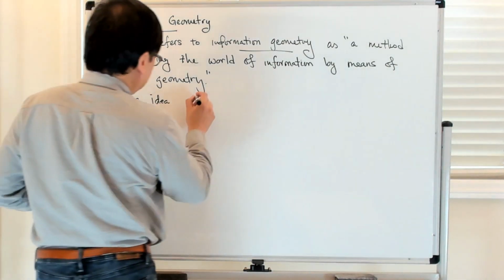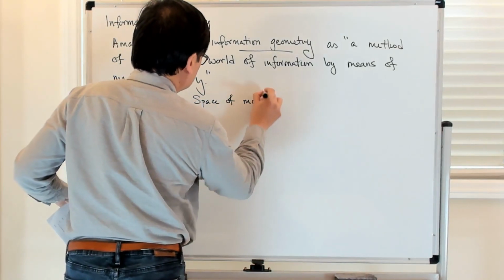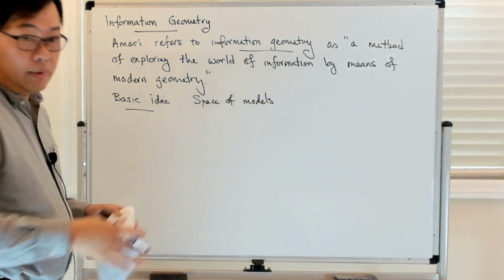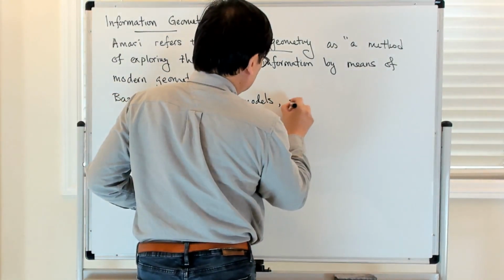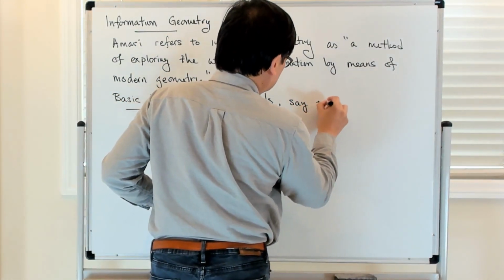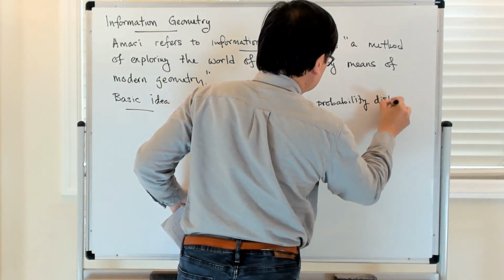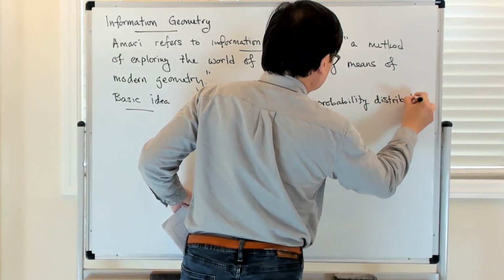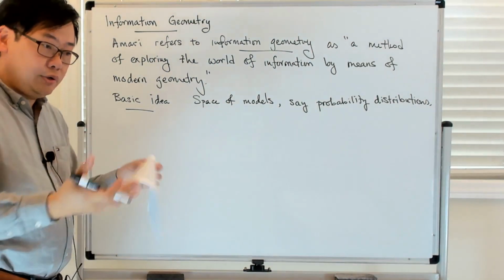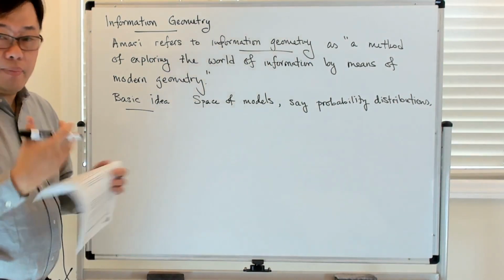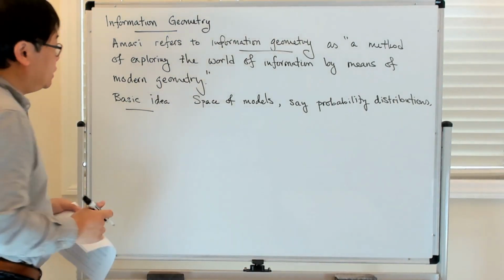Typically you think of these as probability distributions. And these models are then going to describe our best understanding of the state of a system which we're trying to estimate.